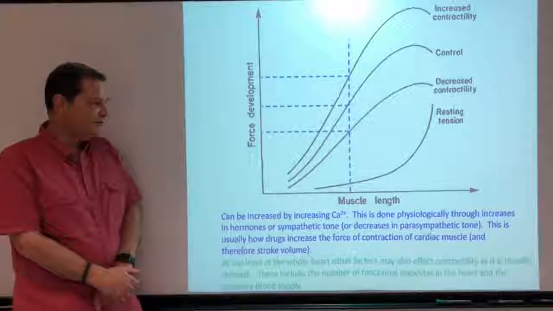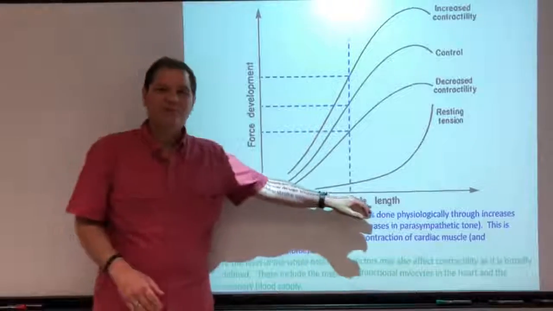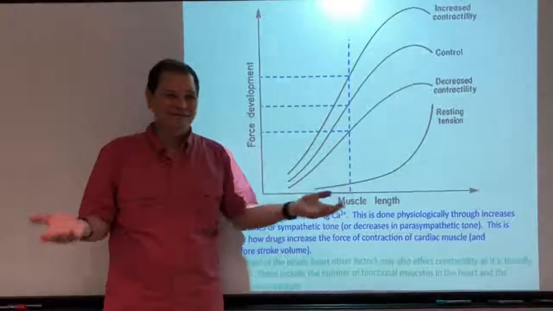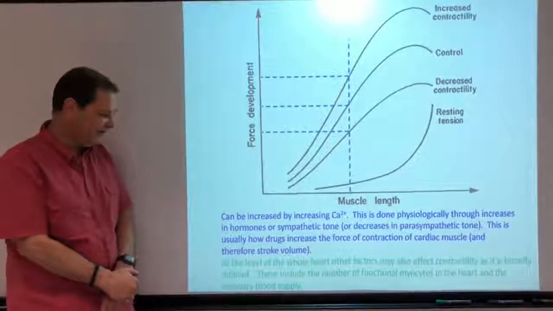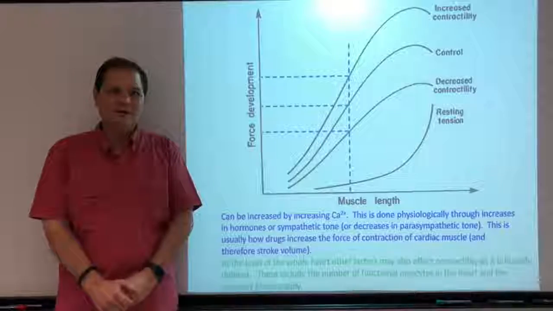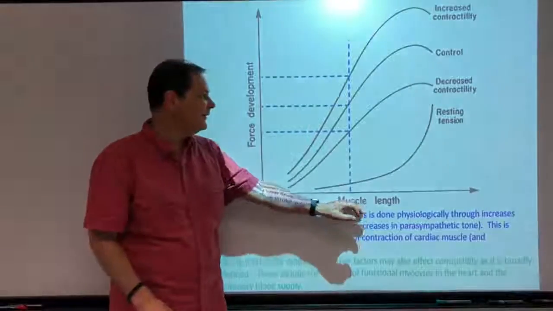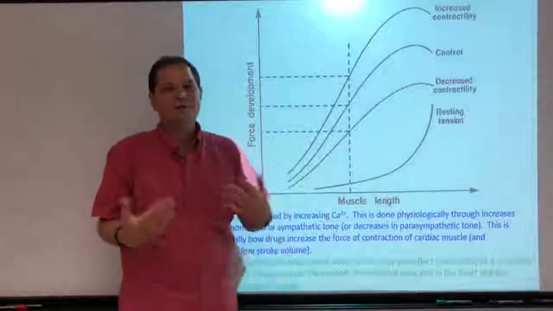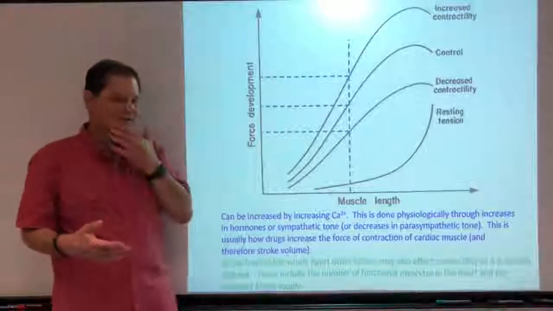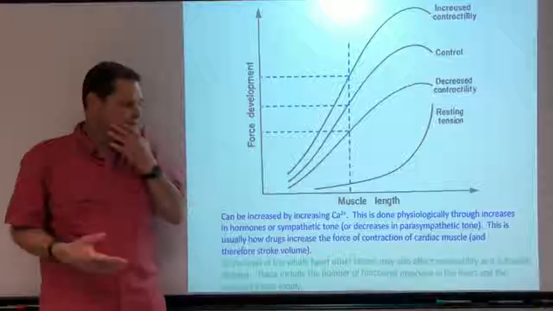So most students know what increased filling means, and so they go, well, it's not an increase in filling, so it must be a change in inotropic state. We'll talk about that in a later lesson. But for now, do know that a change in contractility is a change in force of contraction when the muscle is at the same length, okay?